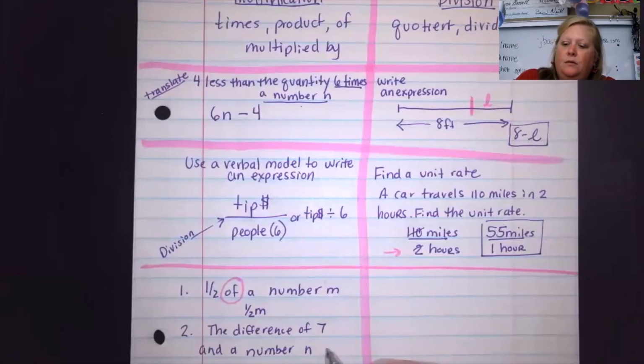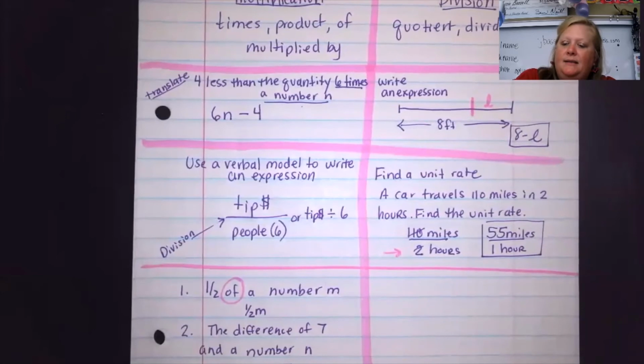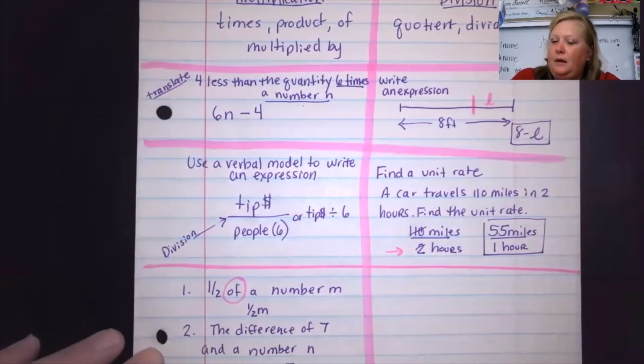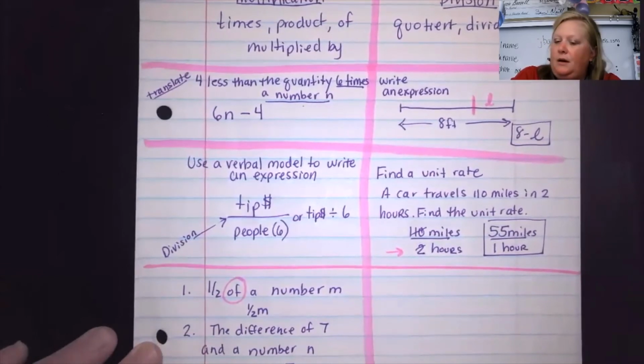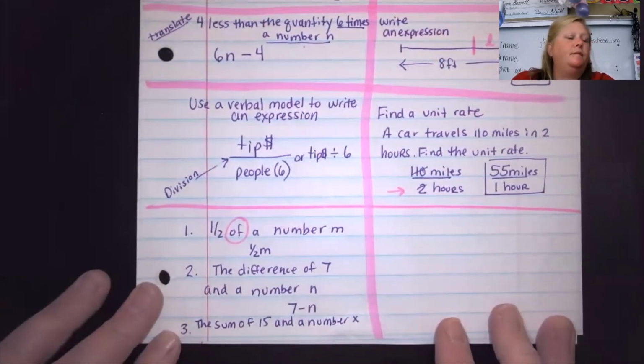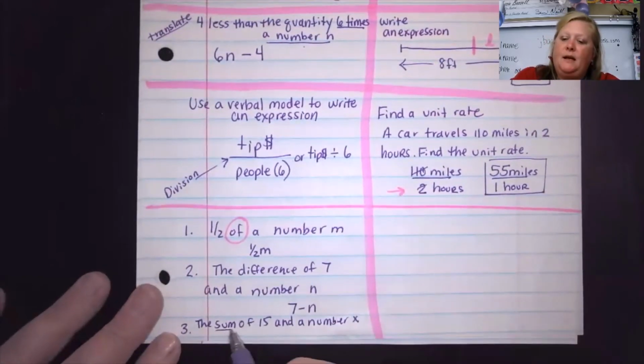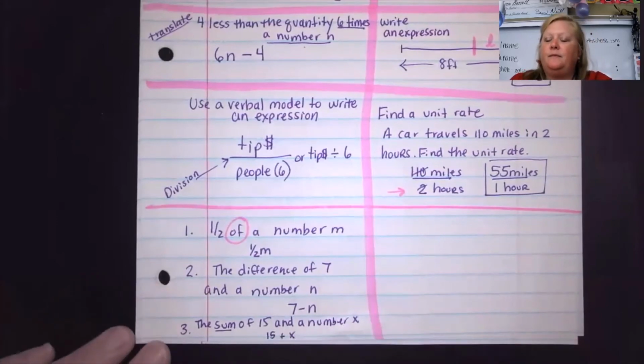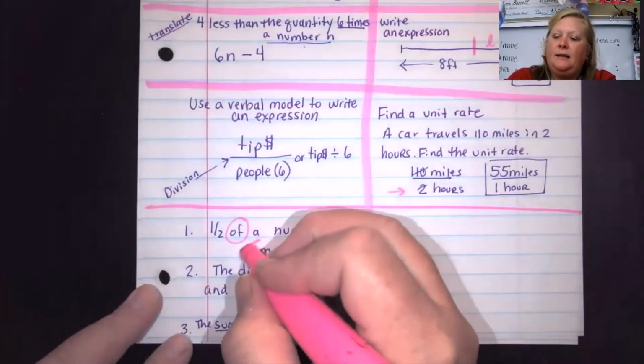So 7 minus n. Okay? How about this one? The sum of 15 and a number x. Sum. You're right, it's addition. 15 plus x. So I'll highlight these answers.